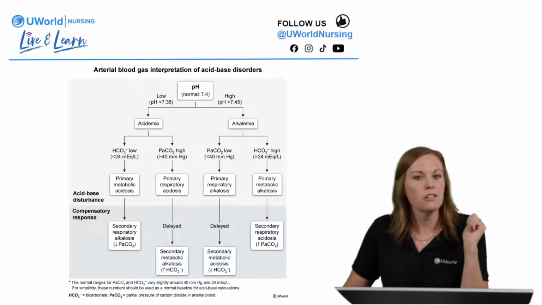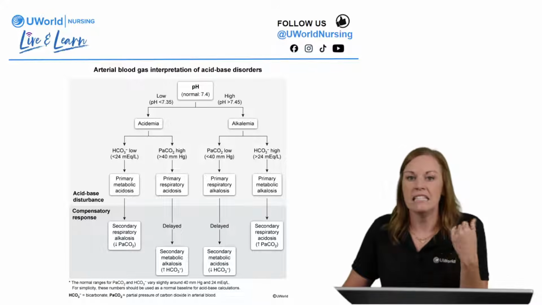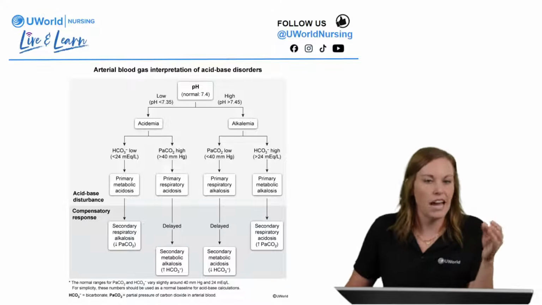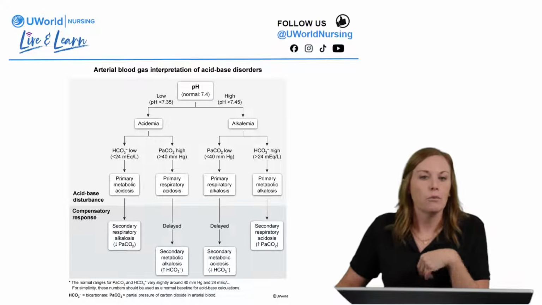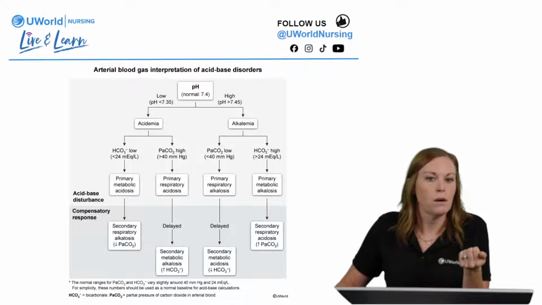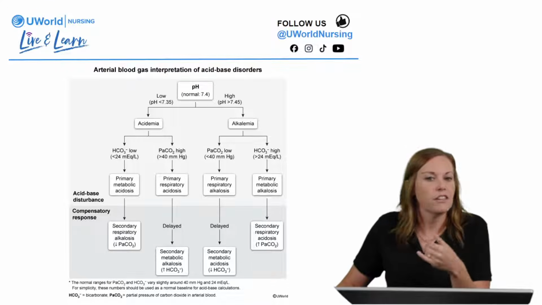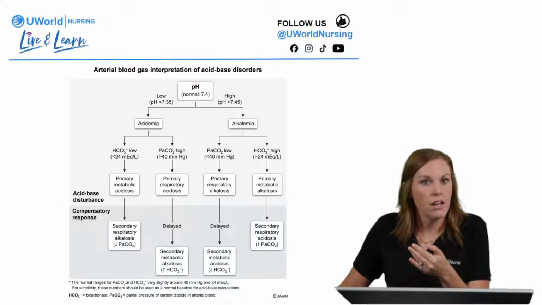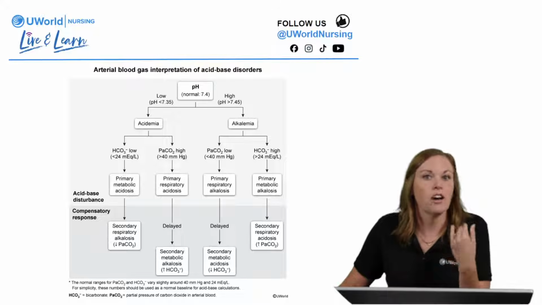But I just want to give you guys a quick summary, and you can follow along on that flow chart. So metabolic acidosis, it's going to mean a low pH. Again, acidosis, low pH. When we have too much acid, our pH is low. We're also going to have low bicarbonate as well. So our kidneys are first going to try and compensate, and then they're going to call in the lungs for backup. So our lungs are going to breathe faster to blow off that CO2, which is also an acid.